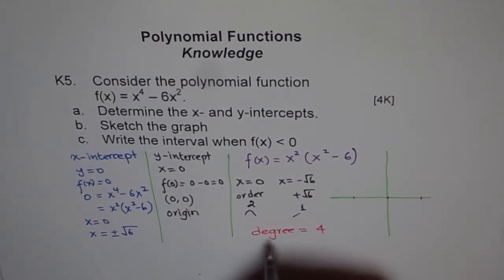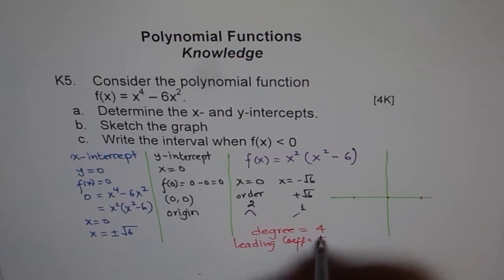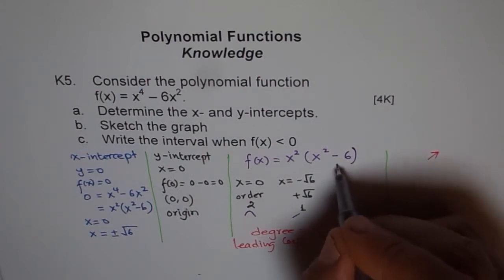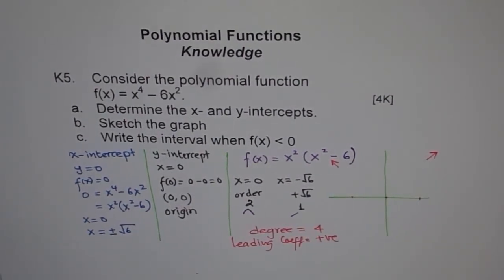And then the leading coefficient is positive, right? Positive means right side up. Degree 4 means both ends go the same side. Do you get it? So that helps us to sketch the graph.